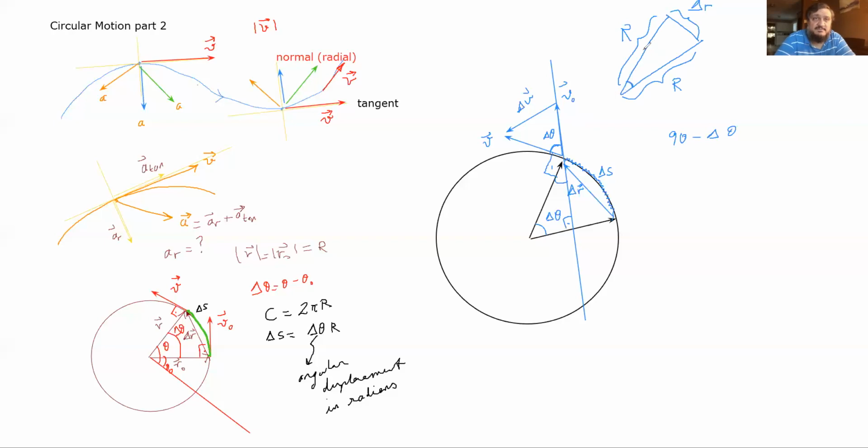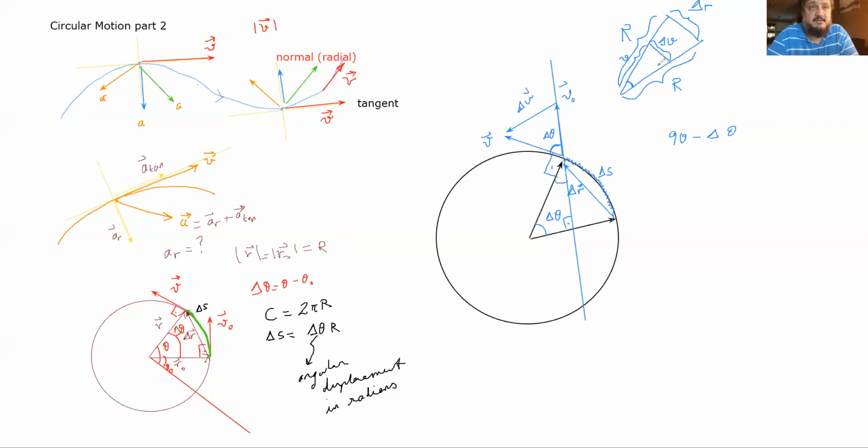Now, this comparison doesn't really make sense because one is velocity, one is position, but I'm just going to draw it like that. So this will be delta v, and this will be v.